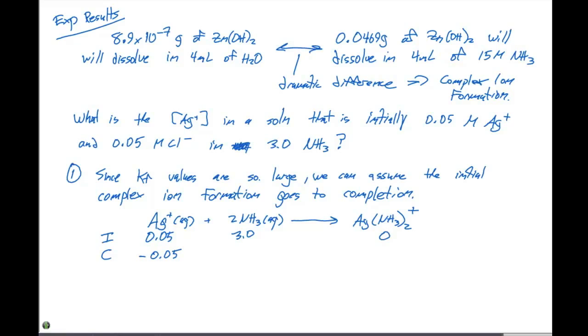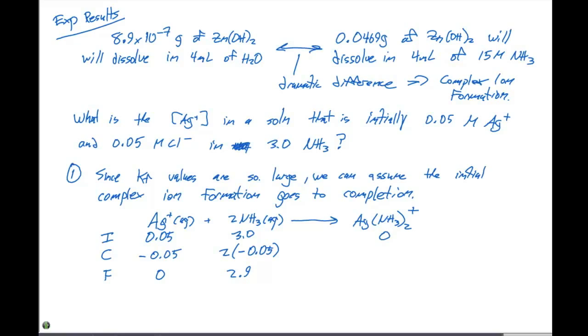That tells us after this reaction has completed, there's going to be 0 silver plus ions in that solution. The change in concentration for the ammonia is going to be 2 times minus 0.05. That tells us that after this reaction has completed, our concentration of NH3 is going to be 2.9.